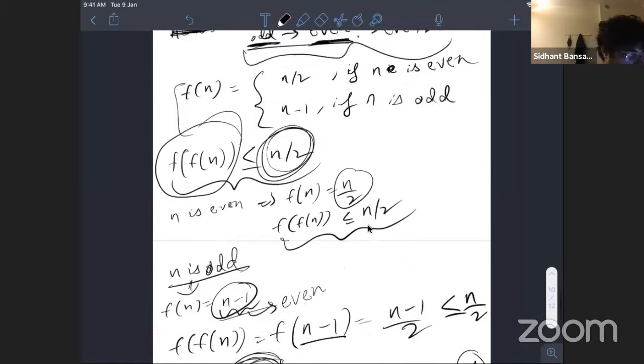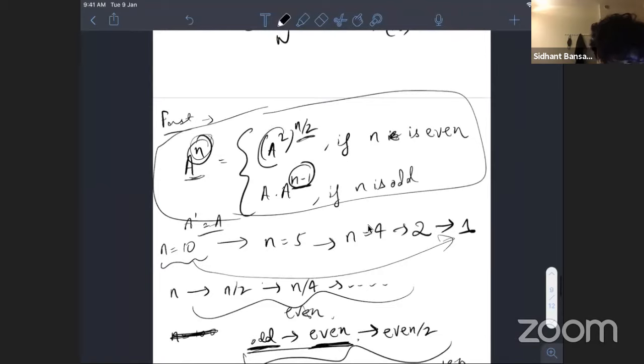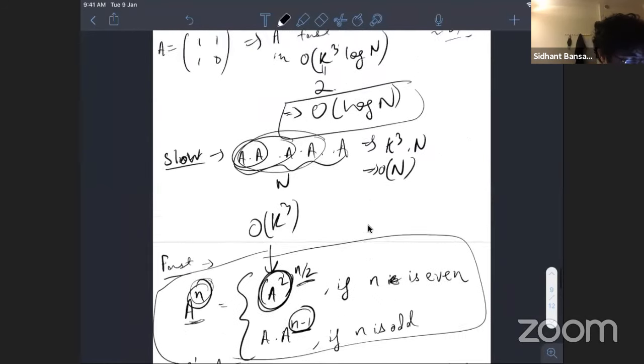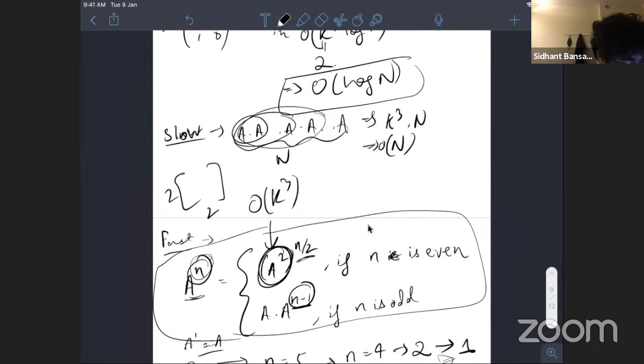Okay, I ignored here that you can calculate a square pretty fast. Calculating a square is just order k cube operations. And in our case, it's a 2 by 2 matrix, right? So k is equal to 2, which implies order k cube is equal to just 8. So it just takes 8 operations to actually calculate this thing, even though the numbers themselves might be pretty big.